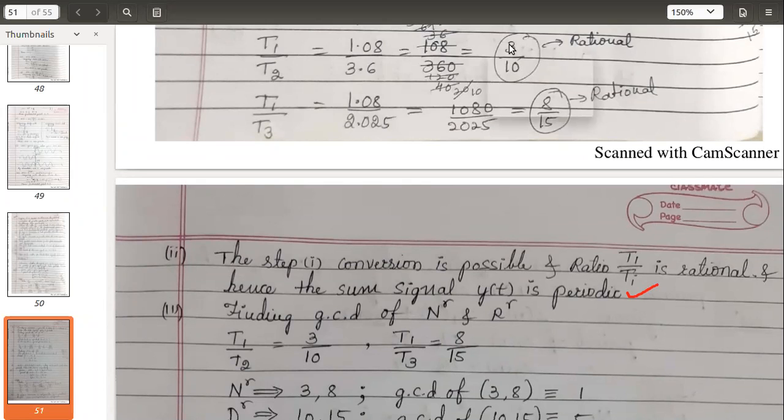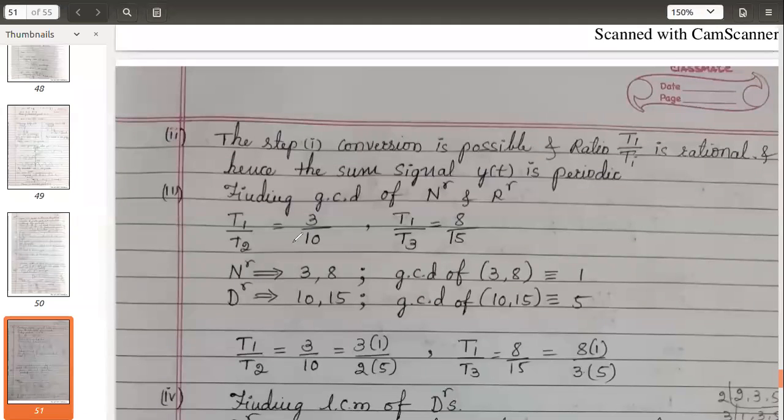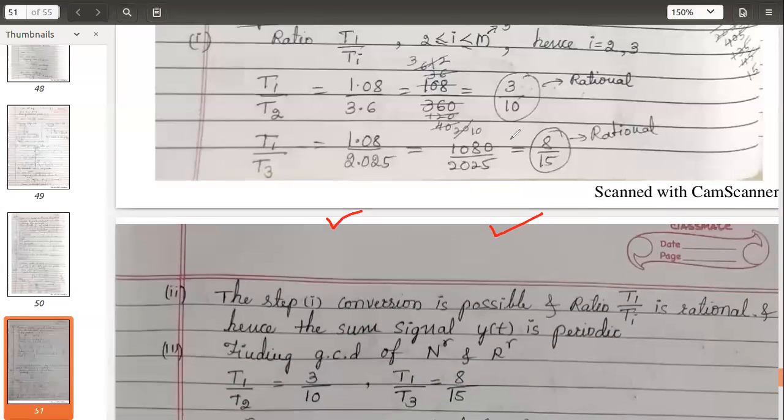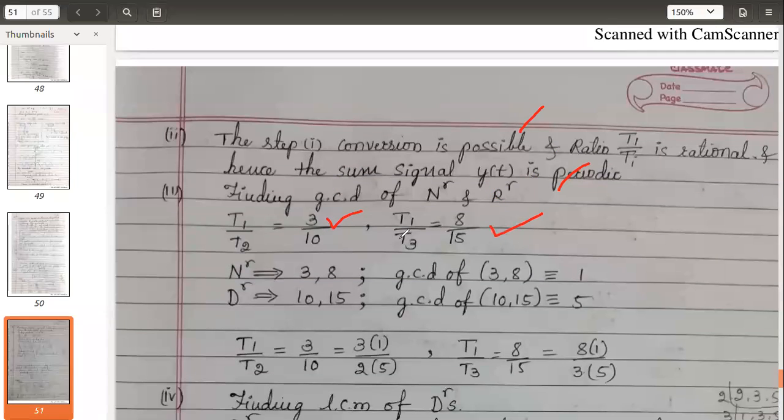What is the third step? I need to go for finding the GCD of the numerator and denominator. These are the ratios 3 by 10 and 8 by 15. Just now we have seen 3 by 10 and 8 by 15. Taking the ratios, check what the numerators are. Numerators are 3 and 8, right? I have written it here.